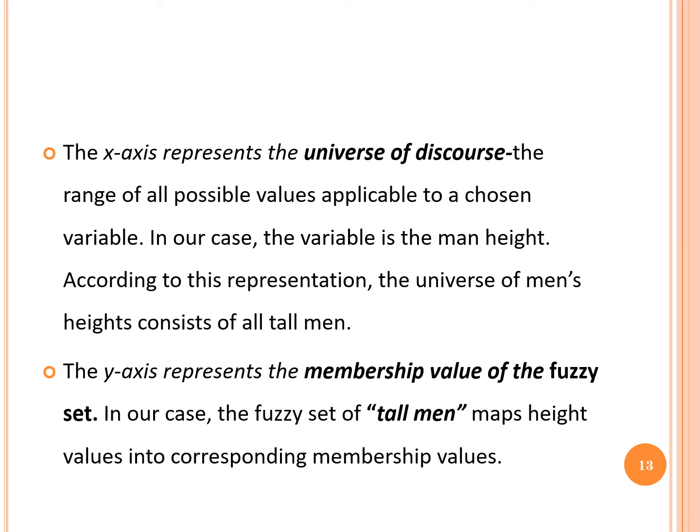While the y-axis actually represents the membership value of the fuzzy set. In our case, the fuzzy set of a tall man maps height value into the corresponding membership value. It is in the y-axis representation.